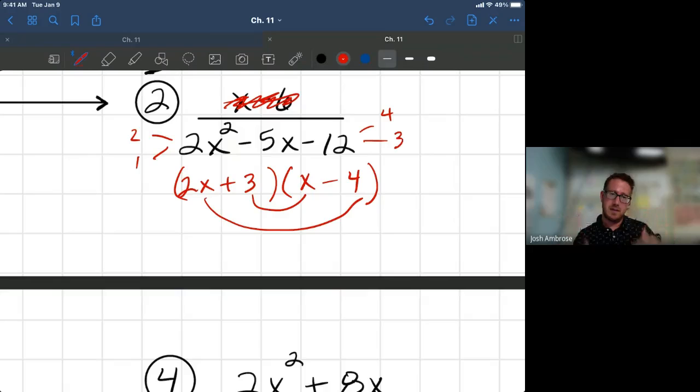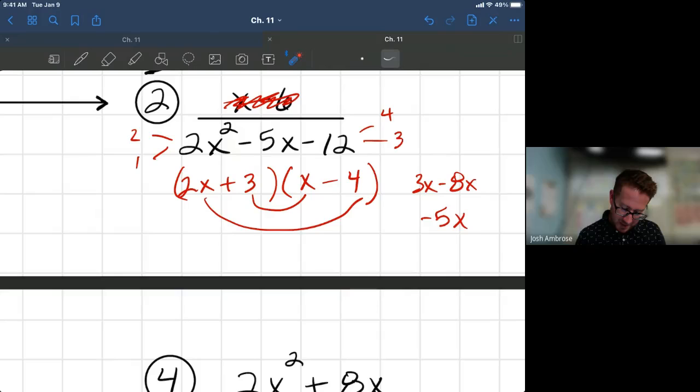Keep practicing, keep practicing. 3 times x, that's 3x. 2x and a -4 make a -8x. And wouldn't you know it, there we go. 3 minus 8 equals a -5x. That right there is what we were looking for right there. We're not done yet, but we did the hard part. We factored it, and we know it factors, and it works.